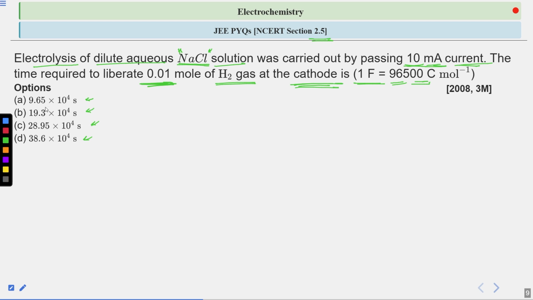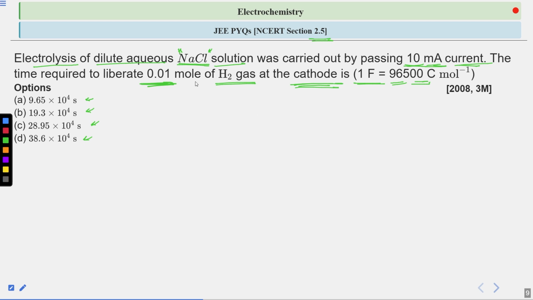So sometimes what students do is they just read the question once and start to solve. They don't even know what to find, right? But try to concentrate on what the question is asking first of all, because sometimes you relate the question with some concept which you have studied recently or earlier, and you start solving.